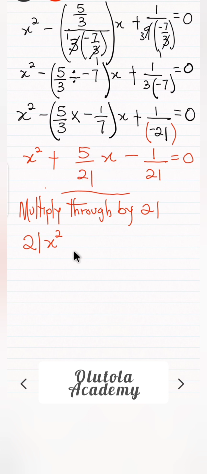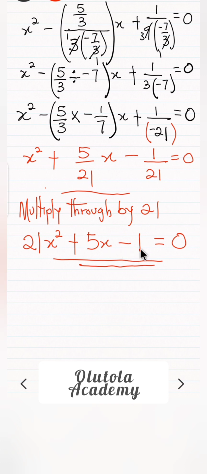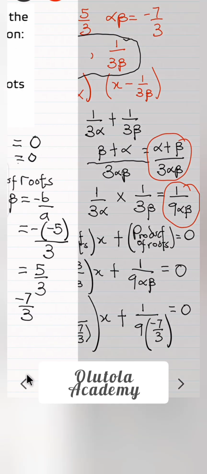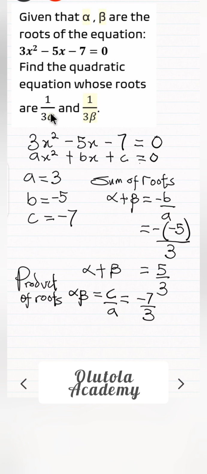When I multiply this by 21, I have plus 5x. Multiply this by 21, I have minus 1 equals 0. So I can present this as my equation whose roots are given to be 1 over 3 alpha and 1 over 3 beta.